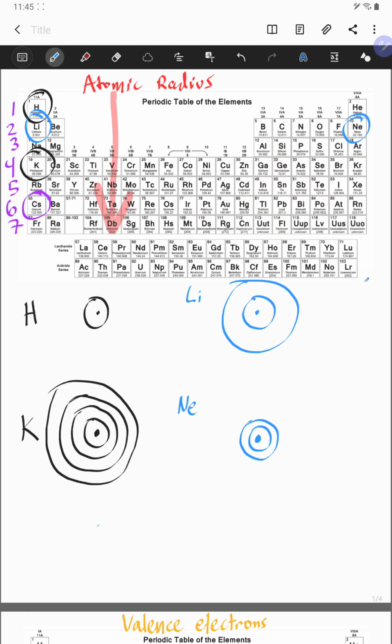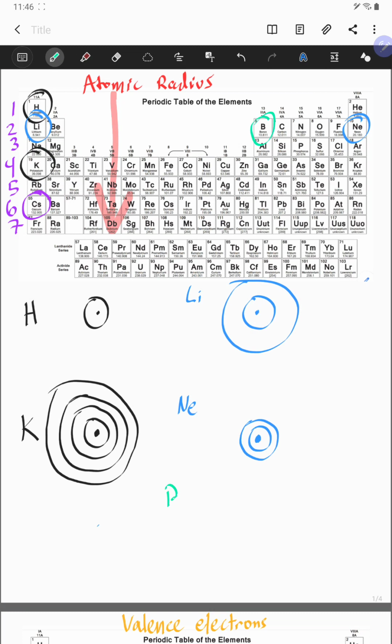So let's talk about another one. What about if I have, let's just do something on the same row. What about boron?